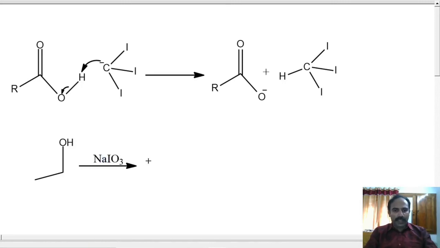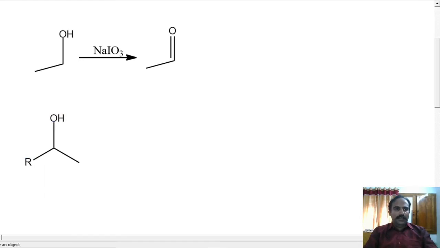So when there is NaIO3, this ethanol will be oxidized to acetaldehyde. Now this could give the iodoform reaction. So simply adding NaOH and iodine, sodium iodate will form, and that will oxidize the alcohol into acetaldehyde. And this could give you the iodoform reaction.